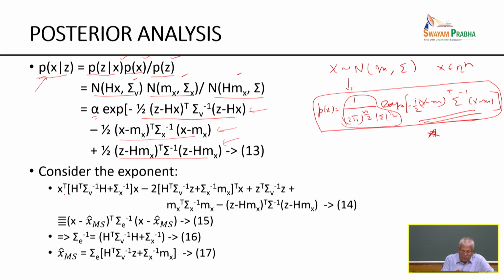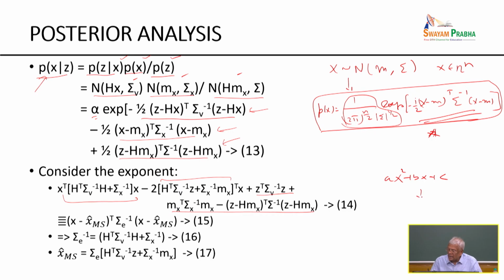There are going to be quadratic terms in x, there are going to be linear terms in x, there are terms that do not depend on x. Everything very similar to what we did. This is the quadratic term, this is the linear term, this is the constant term. So this is like ax squared plus bx plus c.